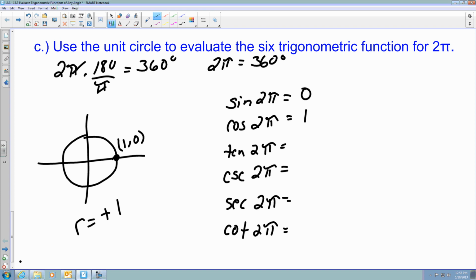Tangent of 2 pi is y divided by x, so 0 divided by 1, which gives me 0. Cosecant of 2 pi gives me 1 divided by 0. Since I can't divide by 0, this is undefined. For secant, it's 1 divided by 1, so I get 1 again. And then cotangent is 1 divided by 0, so that's also undefined.